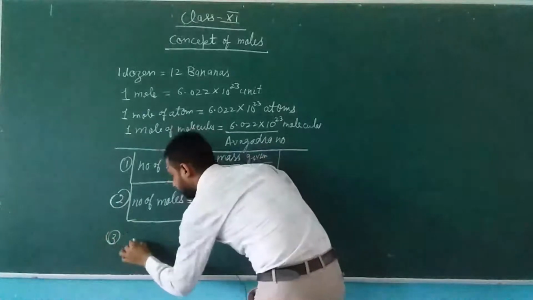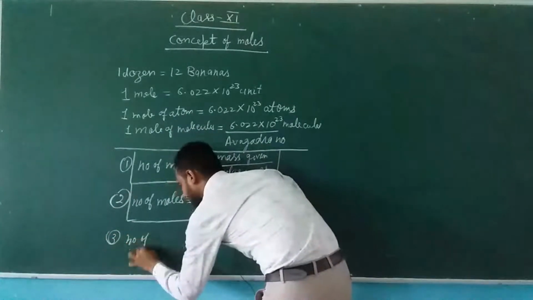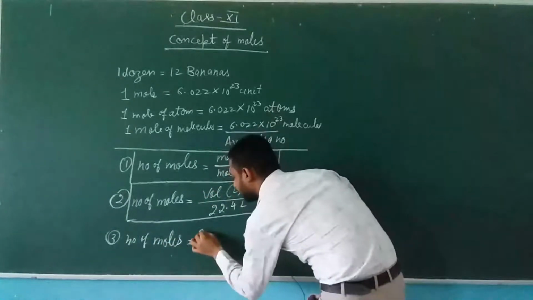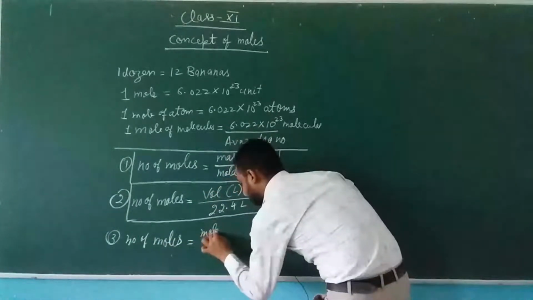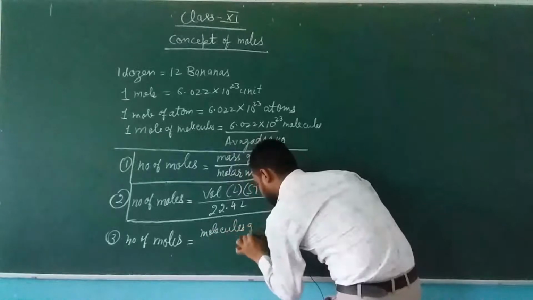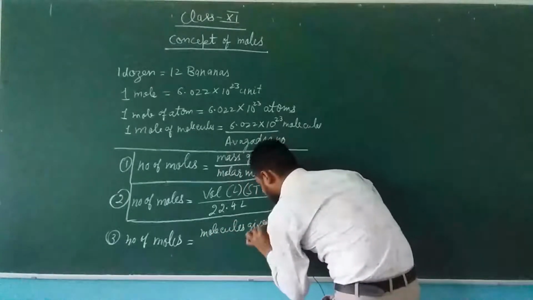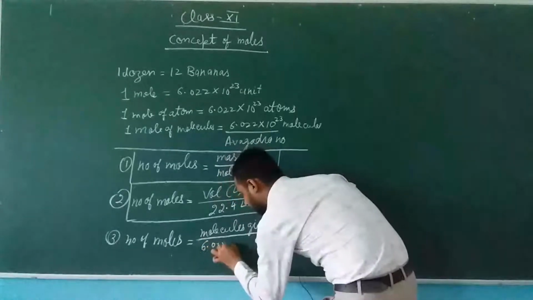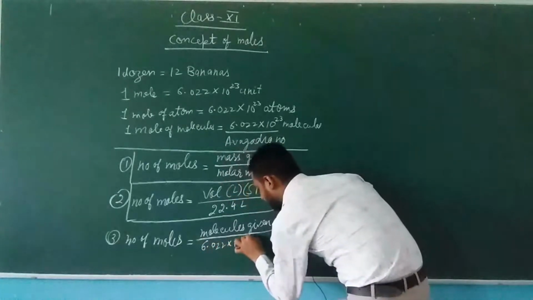And third one is number of moles is equal to molecules given upon 6.022 into 10 to the power 23.